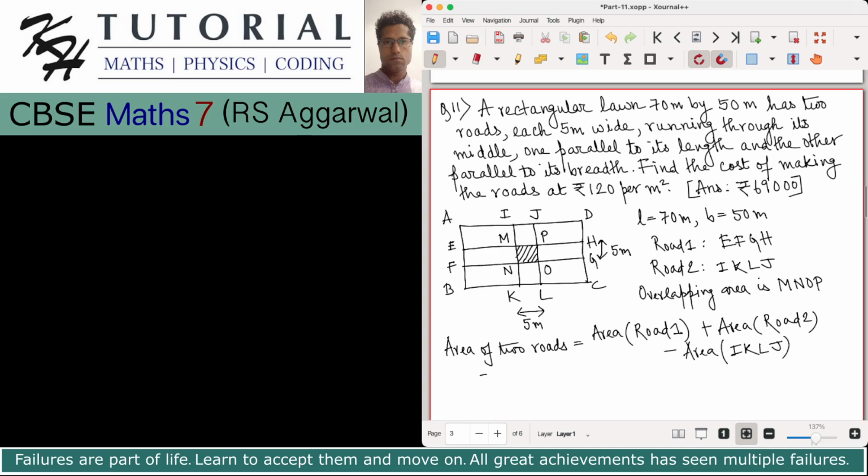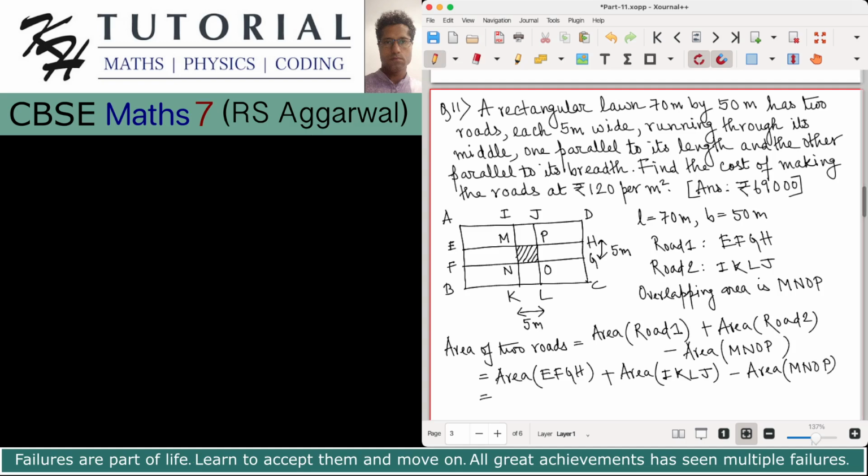Now, what is road 1? Road 1 is nothing but the rectangle EFGH, plus the area of road 2, which is the rectangle IKLJ, and the overlapping area is MNOP, so we have minus the area of rectangle MNOP.